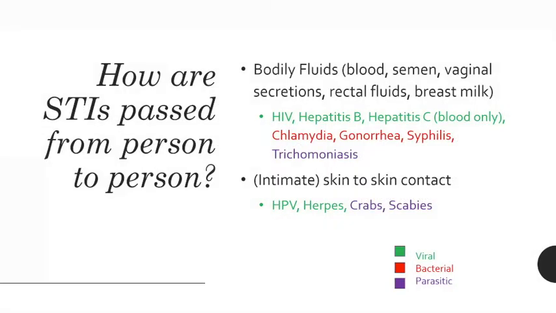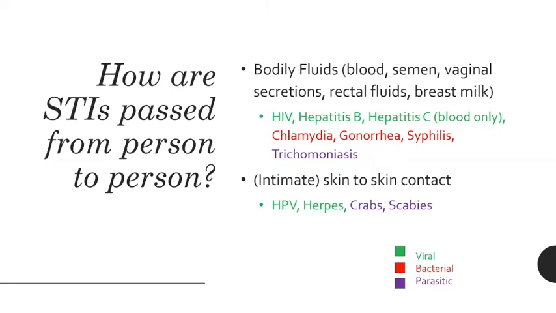To get more in depth on how STIs are passed from person to person, we're going to talk about bodily fluids. The 5 main bodily fluids that folks should be aware of are blood, semen, vaginal secretions, rectal fluids, and breast milk. As you can see, HIV, hepatitis B, chlamydia, gonorrhea, syphilis, and trichomoniasis can all be spread through bodily fluids, those 5 that I listed before.